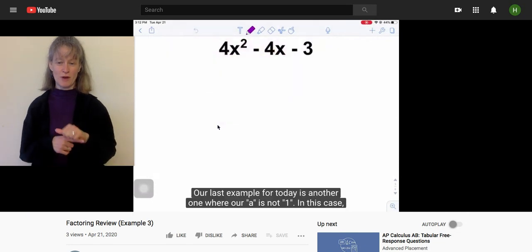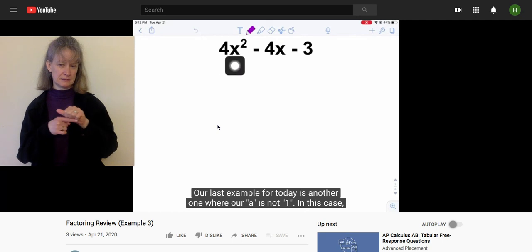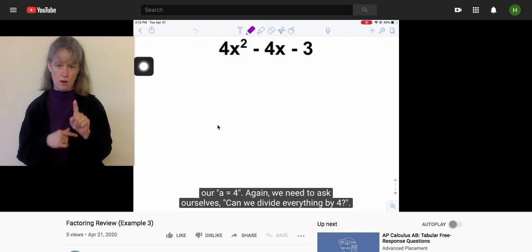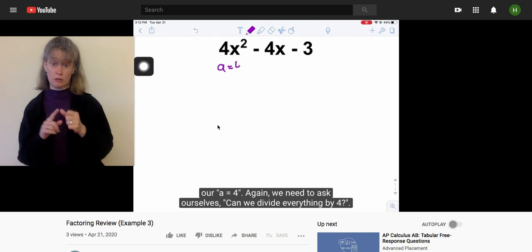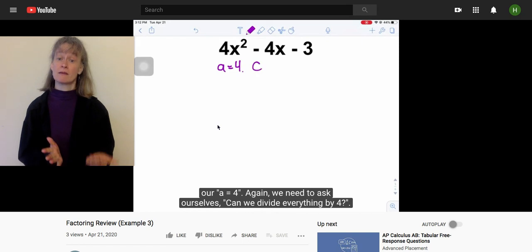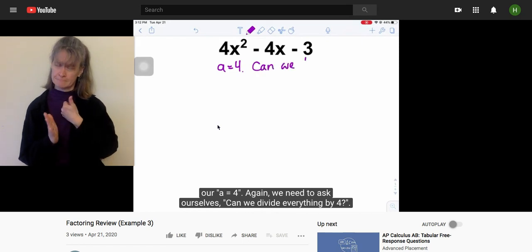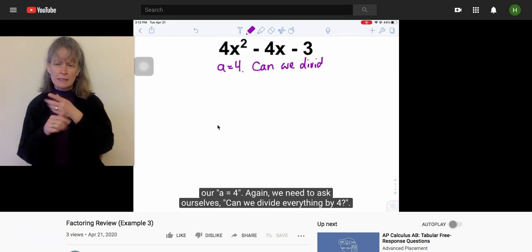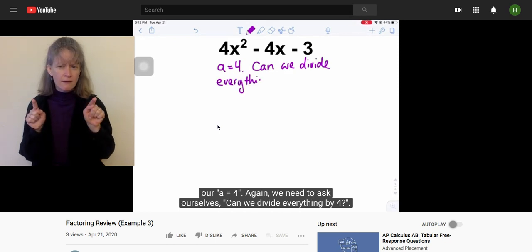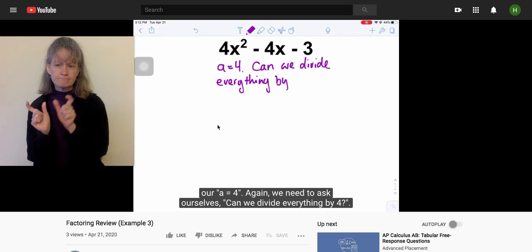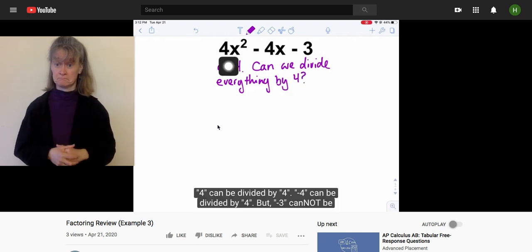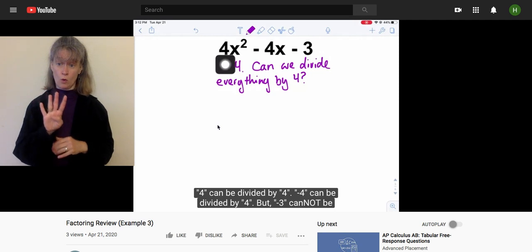Our last example for today is another one where our a is not 1. In this case, our a equals 4. Again, we need to ask ourselves, can we divide everything by 4? 4 can be divided by 4.